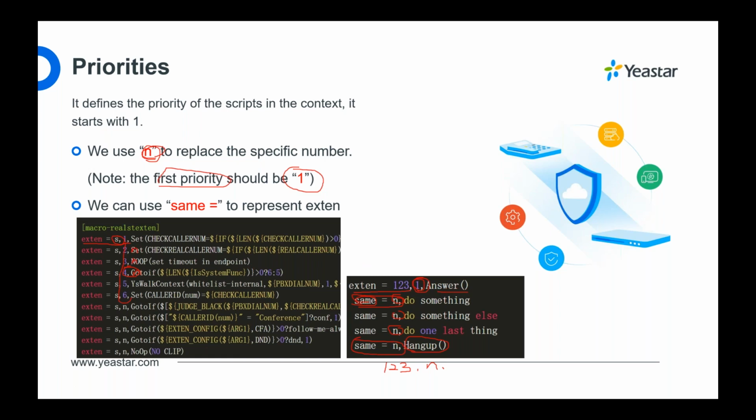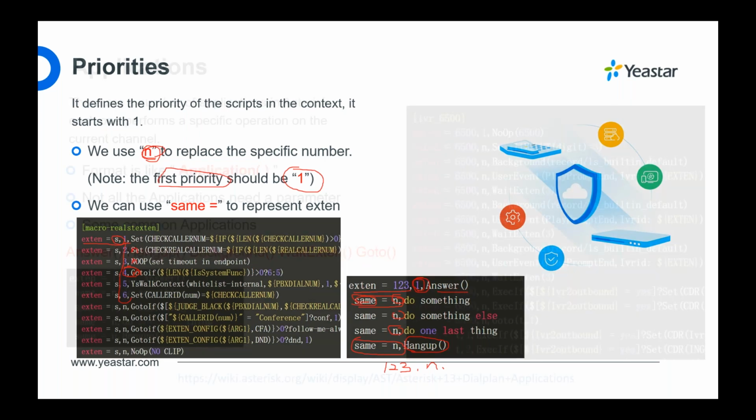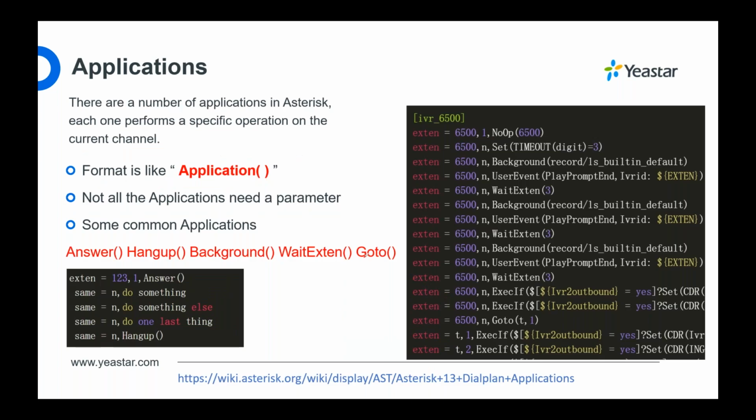The next one is about the application. There are lots of applications in Asterisk. Each one performs a specific operation on the current channel, and the format is an application name with brackets.